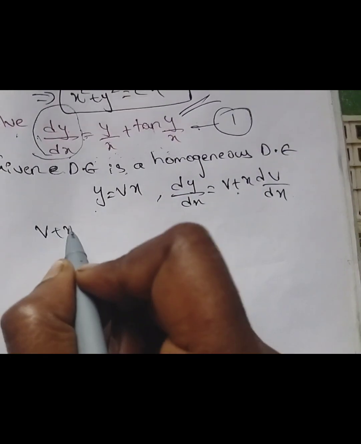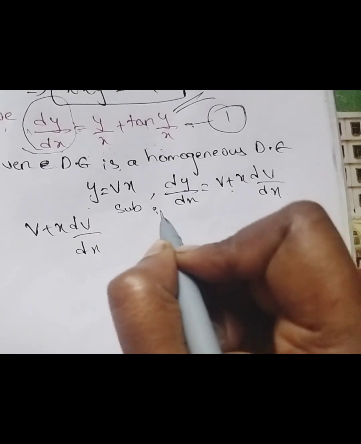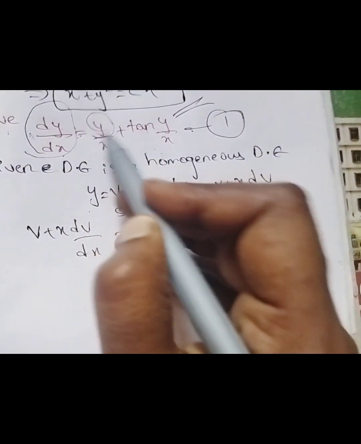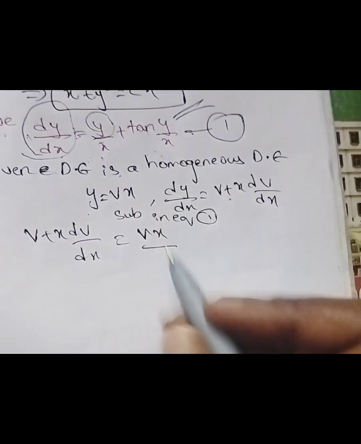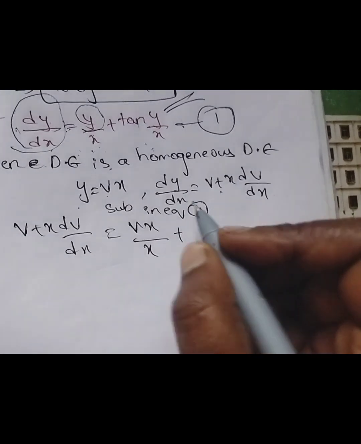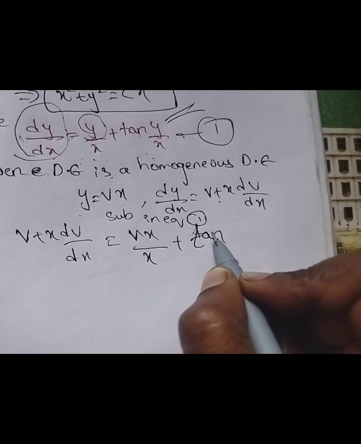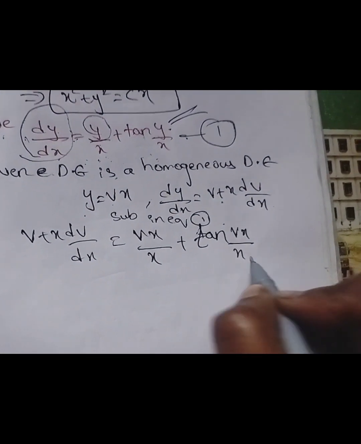So v plus x into dv by dx, substitute in equation 1, equal to, here we have y. So what is our y? Vx divided by x. For x we don't have any substitution, let it be like that. Tan y by x, in place of y again vx divided by x.